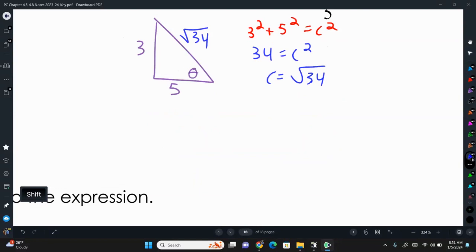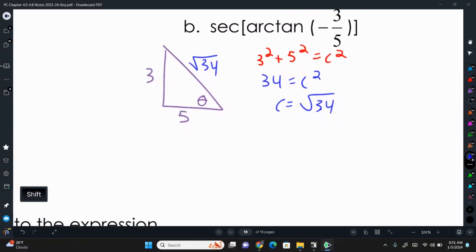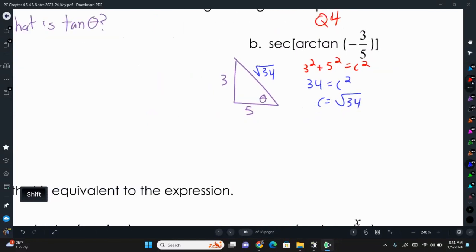So now we can calculate the secant. Well, secant is the reciprocal or the flip of cosine. And cosine is adjacent over hypotenuse. So the secant is going to be the hypotenuse over the adjacent. So our answer is the square root of 34 over 5.